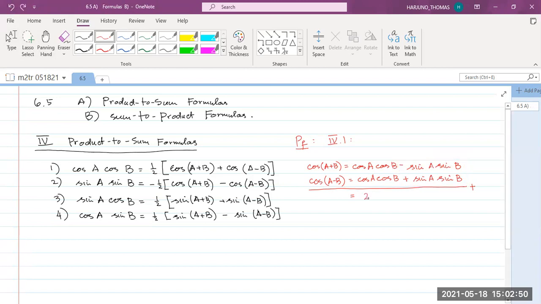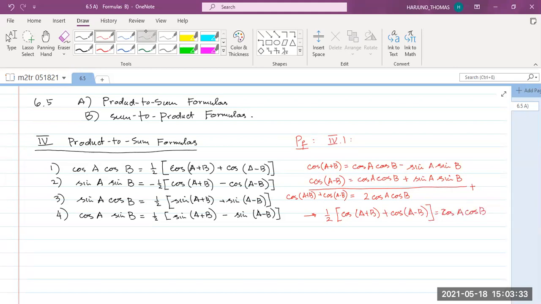So we end up with 2 cosine A cosine B, while on the left-hand side, we have cosine sum plus cosine difference. Therefore, if we divide by 2, we get 1/2 of cosine sum plus cosine difference equals cosine A cosine B.